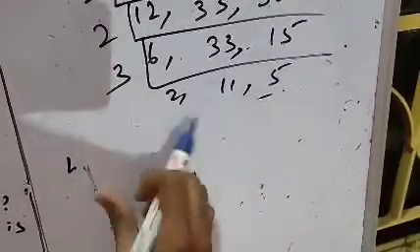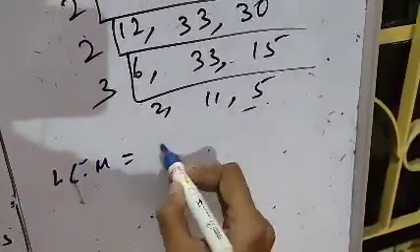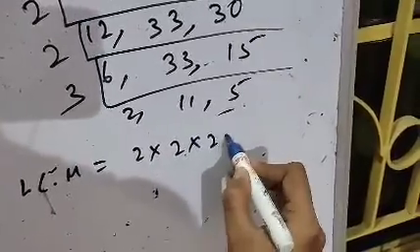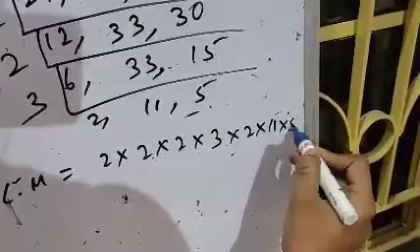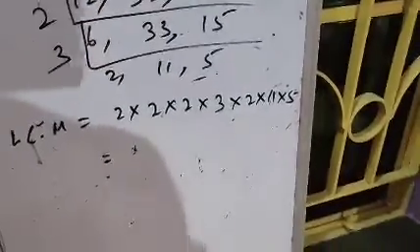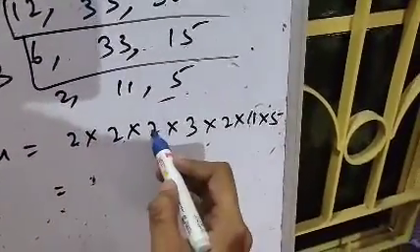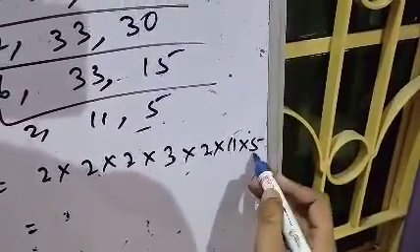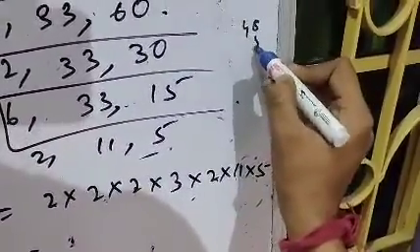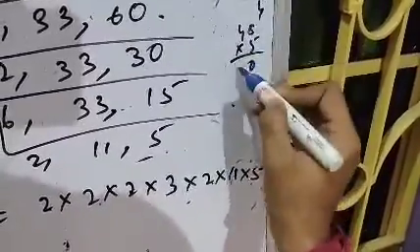Okay. So LCM will be 2 into 2 into 2 into 3 into 2 into 11 into 5. Okay. 2 2s are 4, 4 2s are 8, 8 3s are 24, 24 2s are 48, 48 and 5s are 240.